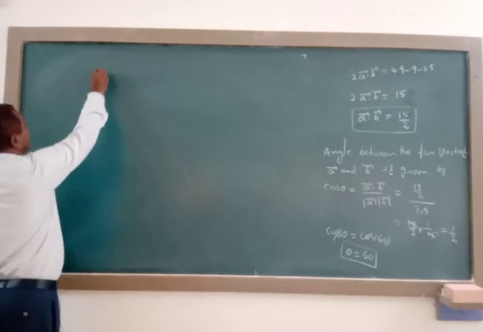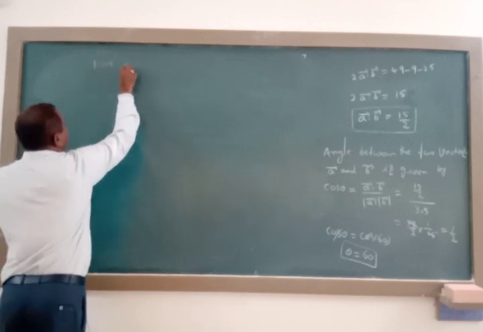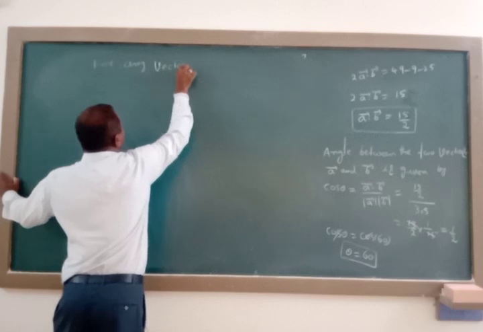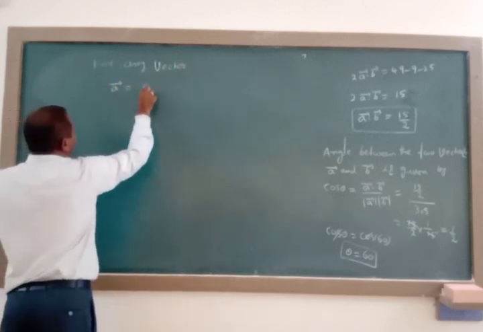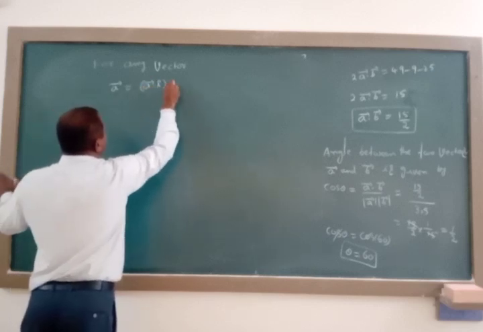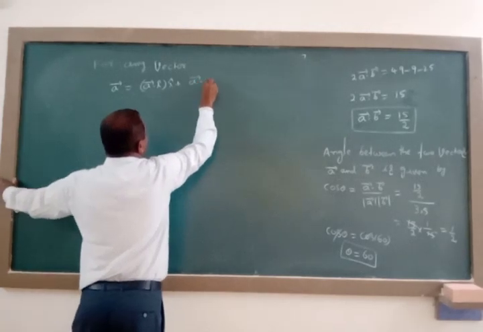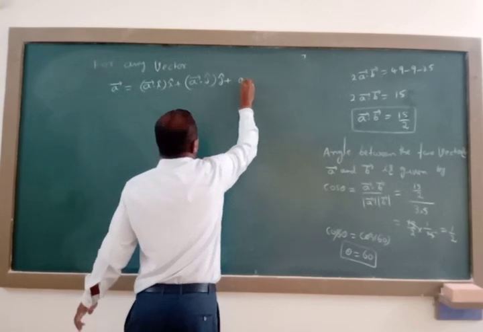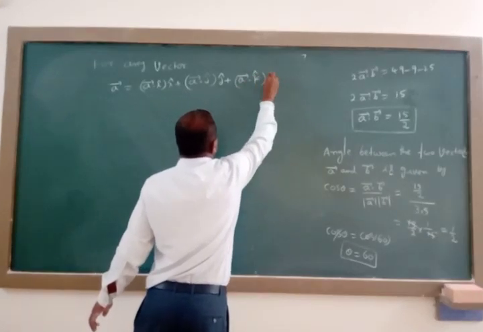Next question is, for any vector a bar, prove that a bar is equal to a bar dot i cap into i cap plus a bar dot j cap into j cap plus a bar dot k cap into k cap.